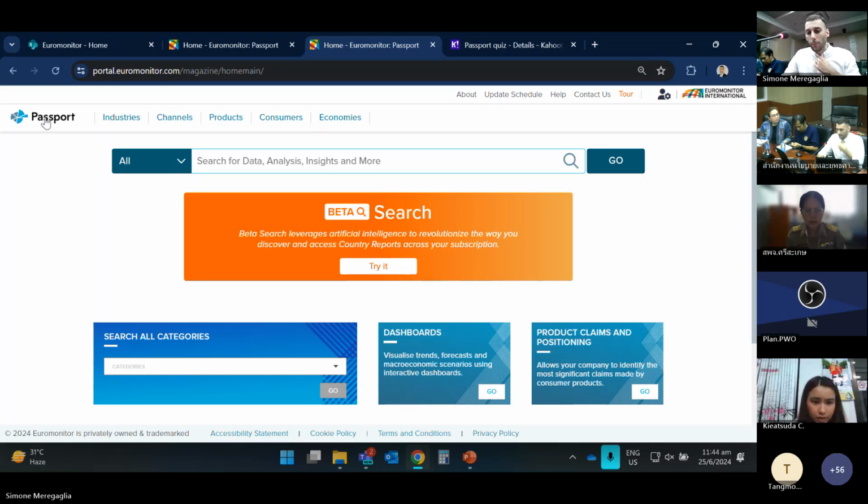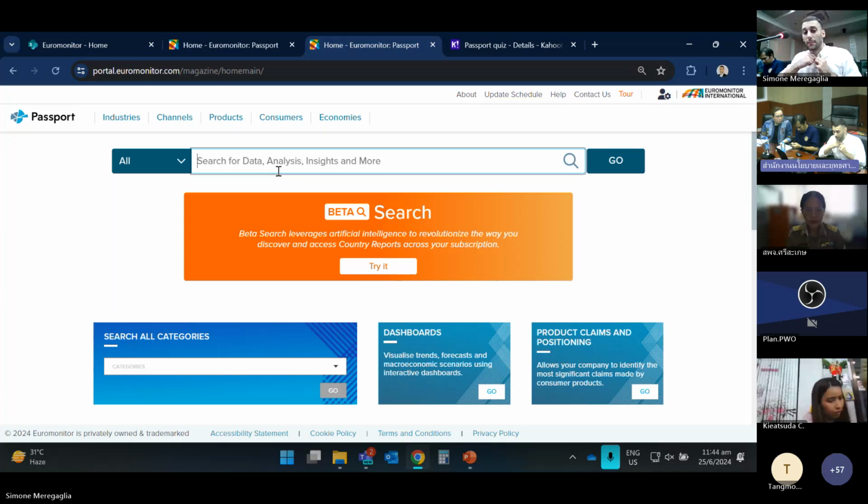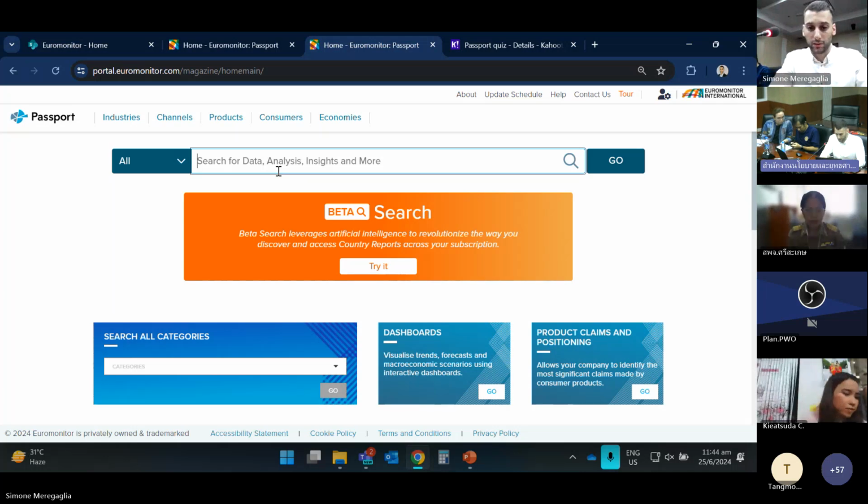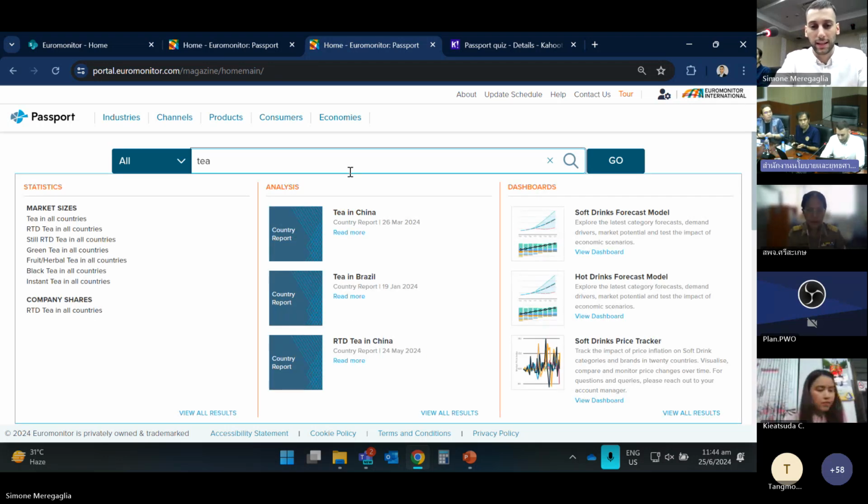Now, from the homepage, what you should see is 2 big boxes and one search bar. From the search bar, you can search based on keywords that you care about. For example, if I want to look at tea, I want to do a research and I look at tea in China, for example, here there are some reports that are suggested to me.